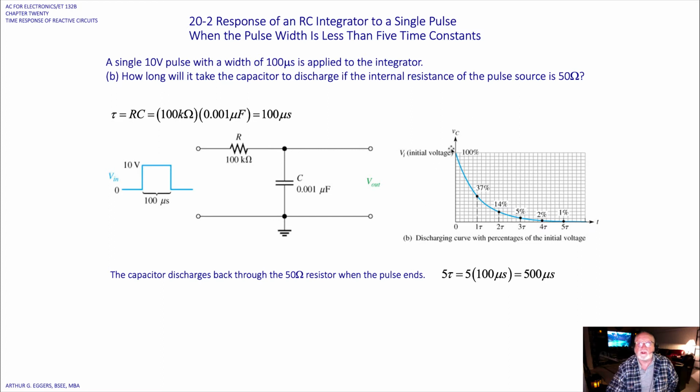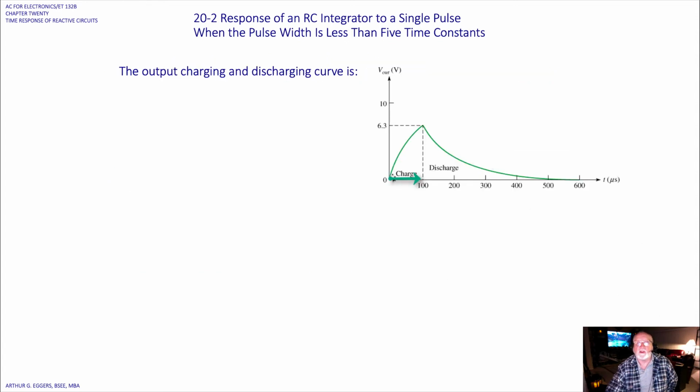Now we can see here a larger view with 1 tau, 2 tau, 3 tau, 4 tau, and 5 tau, the time constants. So 5 tau gives us 500 microseconds. So there is our plot of what's going on to 63%, and then out 1, 2, 3, 4, 5 tau.